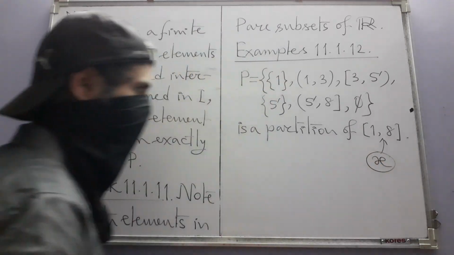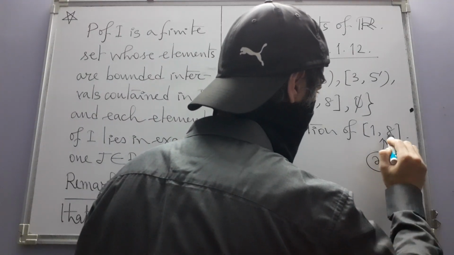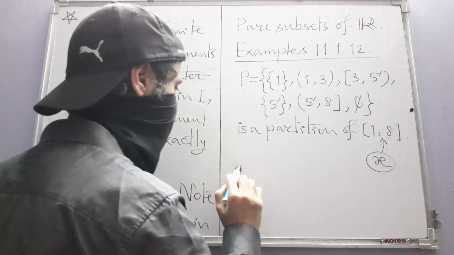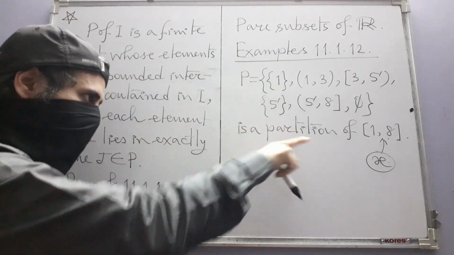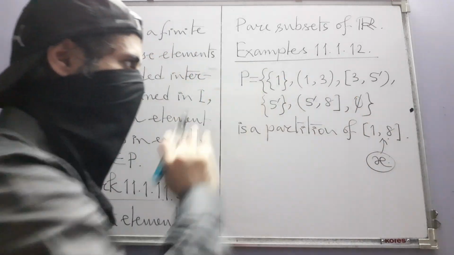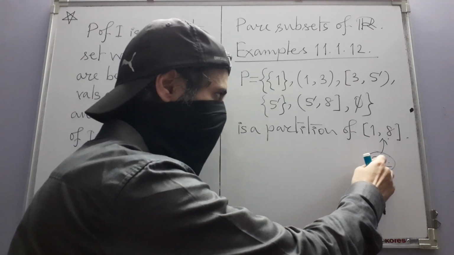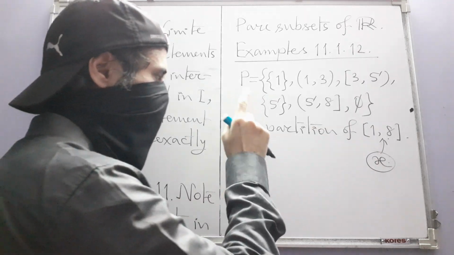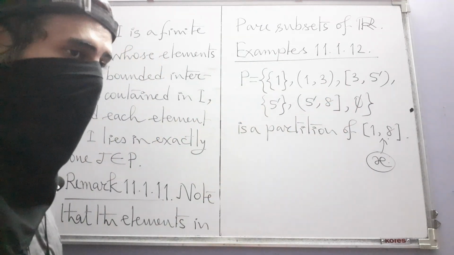This condition ultimately is equivalent to two things. See, any x here has to belong to at least one of these sets means what? That if you take the union of all these sets, then that union should contain the given interval. The given interval is a subset of the union of these elements of P. That is equivalent to saying that any element x here lies in at least one of them. But to lie in exactly one of them, you have to have all these things mutually disjoint.